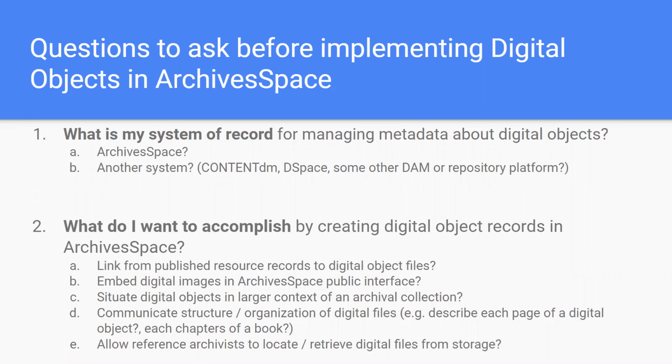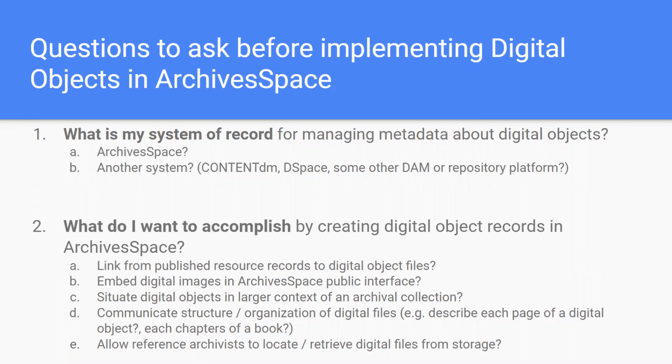You can do things like embed digital images in the ArchivesSpace public interface. Using digital object records, you can situate digital objects in the larger context of archival collections. Depending on how you decide to model your digital objects, you can think about how you want to communicate the structure and organization of your digital files.